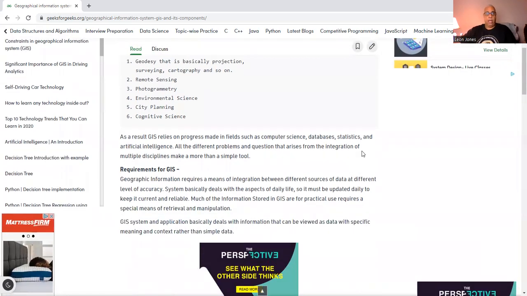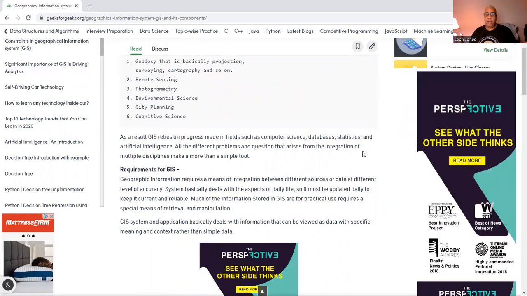Now, as a result, GIS relies on progress made in the field, such as computer science, databases, statistics, and of course, AI, which is artificial intelligence. Again, GIS relies on other fields.